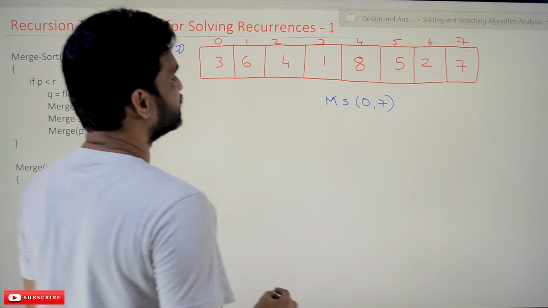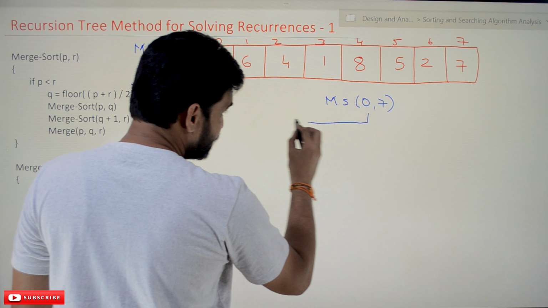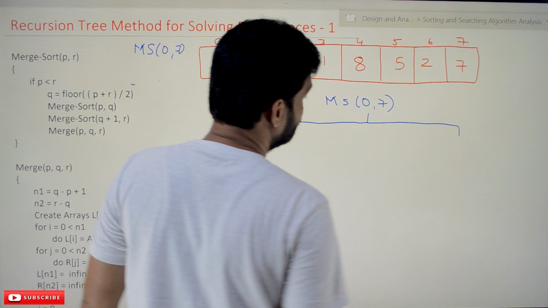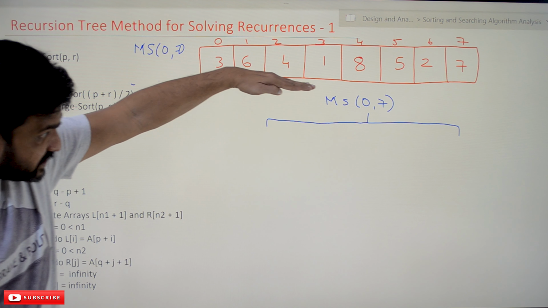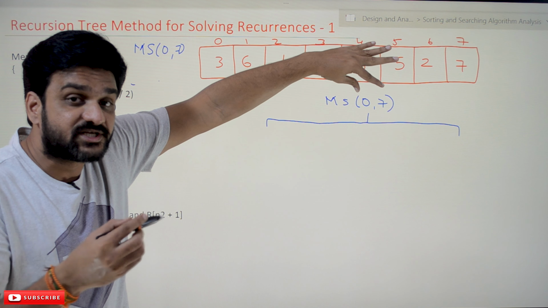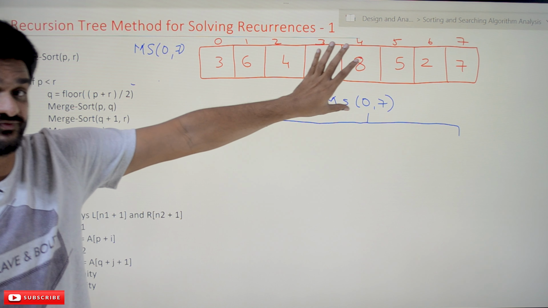How to draw the recursive tree: in order for this ms of 0, 7 to get solved, what are the function calls that are made, and what are the steps that are executed in that recursive function?